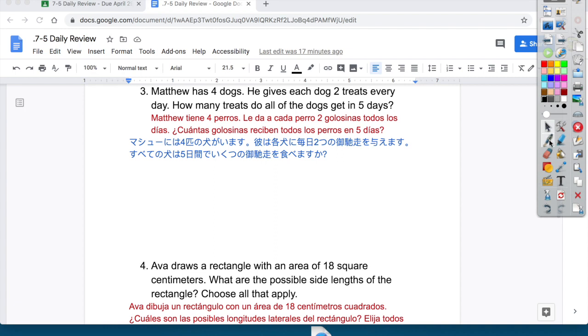Let's start with cubes. We're going to circle the important numbers. We will then underline the question. Hold on, my line is all squiggly. I'm going to underline the question.